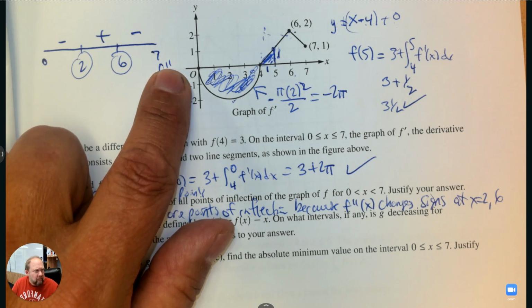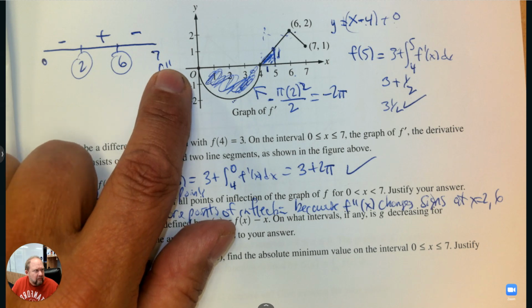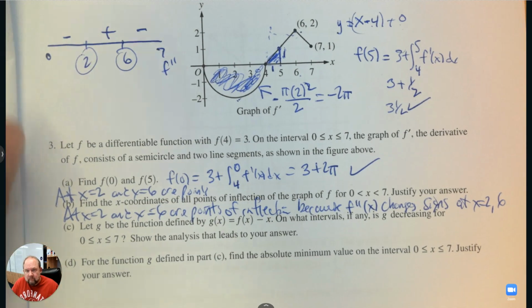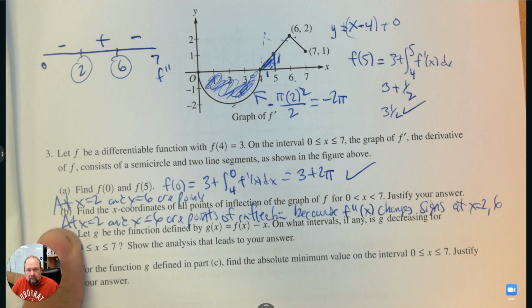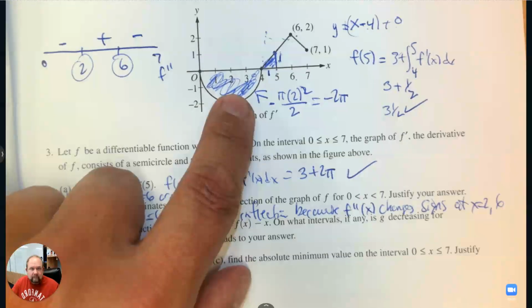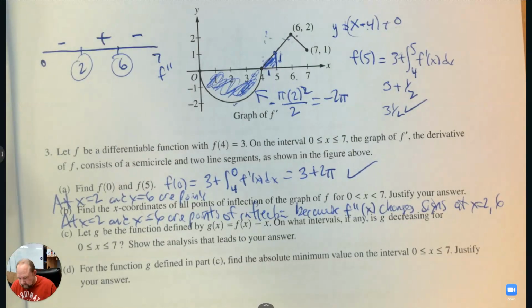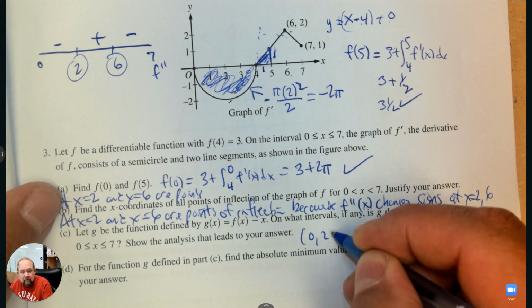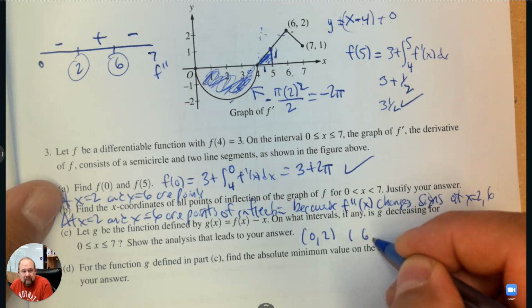Less than or equal to. So that would be your answer. From 0 to 2 and from 6 to 7.